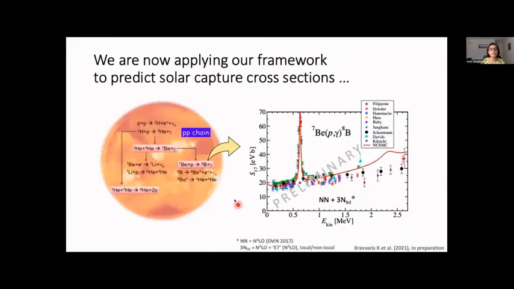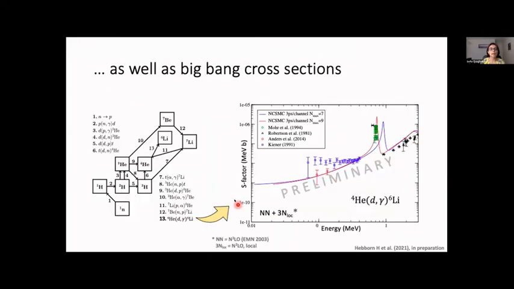This is work that Kostas Karvaris is doing, and we are also predicting cross sections for Big Bang nucleosynthesis. These are preliminary results obtained by Chloe Hepburn for the alpha-d capture on lithium-6. Once again, very promising, but still a lot of work ahead.